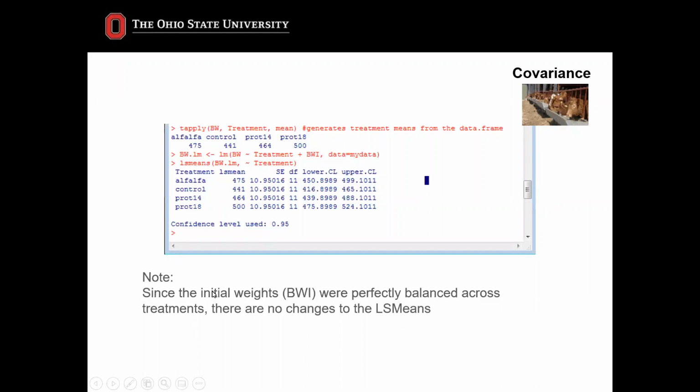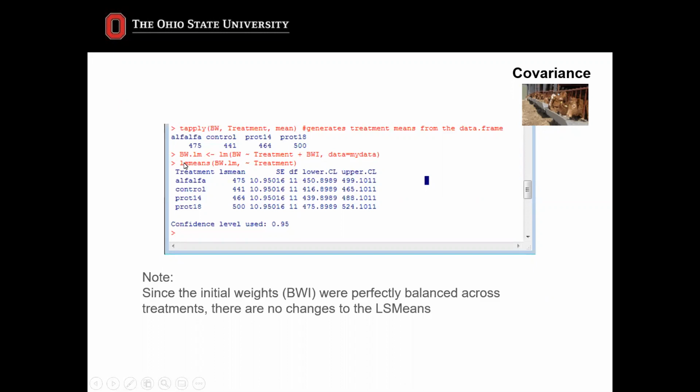Let's look at the least square means. Using t-apply, we're calculating the arithmetic means. We can see the arithmetic means for alfalfa 475, control 441, the P14 is 464, P18 500.